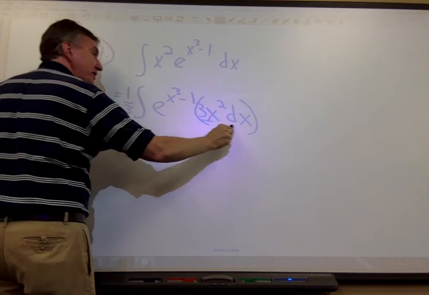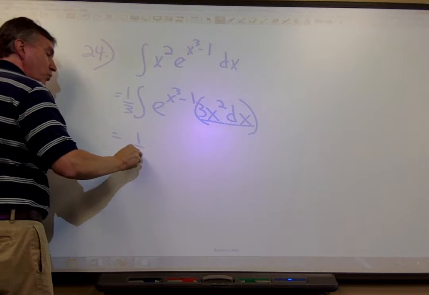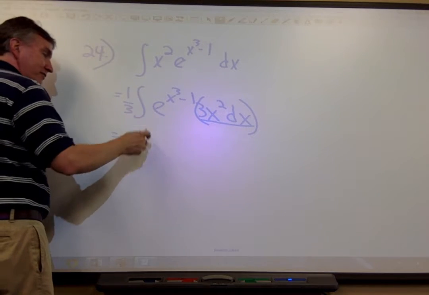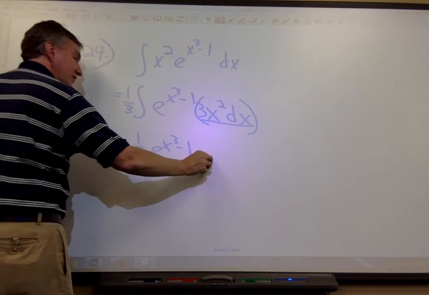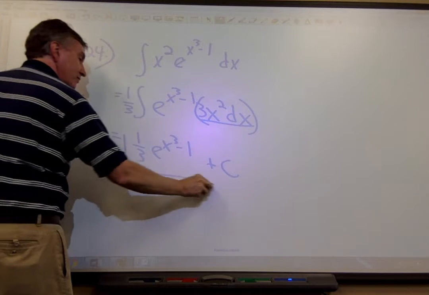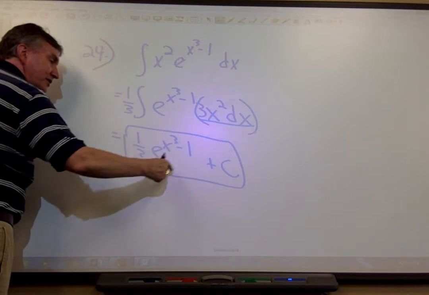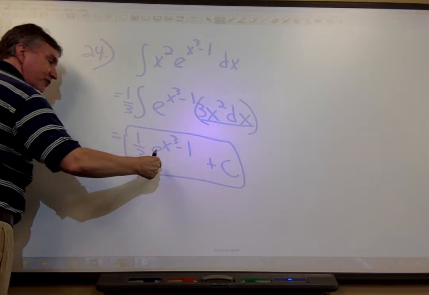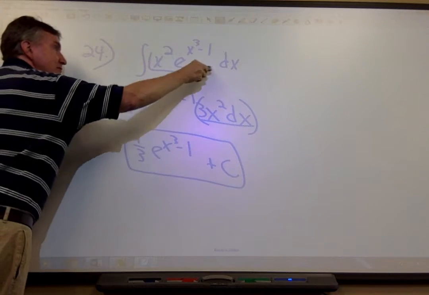Now that that's complete, what can I say? 1/3 stays there, but what? Itself plus c. If I took the derivative of this, it would be this itself times 3x squared. The 3's would cancel, and I would get this back, wouldn't I?